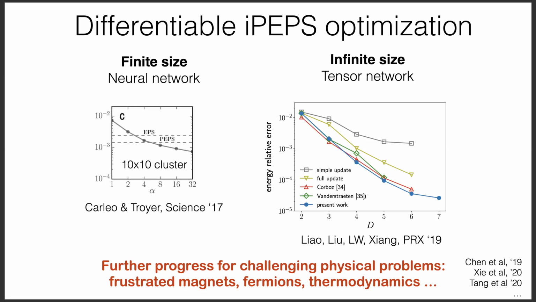So that's why, from this perspective, I believe, it's not a very strong belief, but I do believe that along this line, there is a hope to produce useful new physics for frustrated magnets and other problems like fermions, where there is a sign problem.